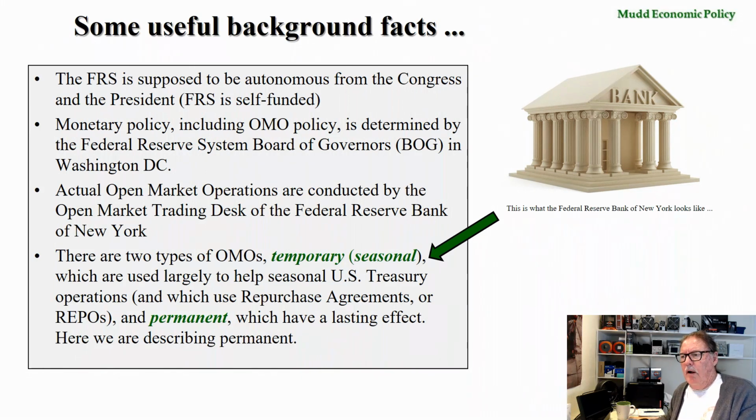And these are often used to help seasonal U.S. Treasury operations, and they use repurchase agreements or repos to do that. And so we'll talk briefly about why they have to do it. We won't really cover much about how they do it. And then there's permanent open market operations, which have a lasting effect. And in these lectures, we're mostly talking about the permanent effect. So the permanent effect is our current target at the present time.